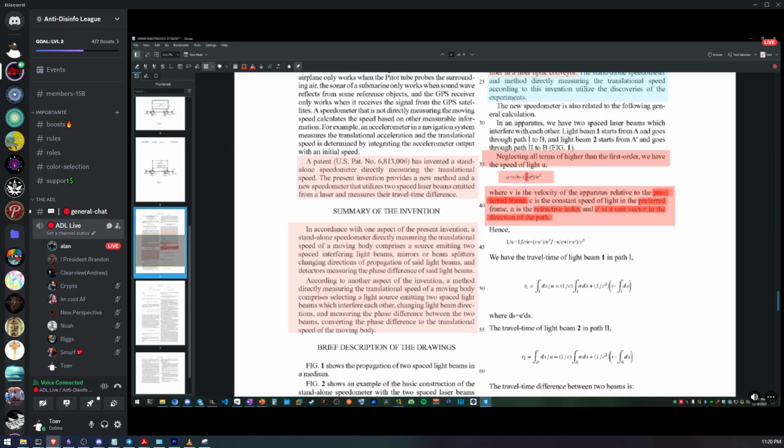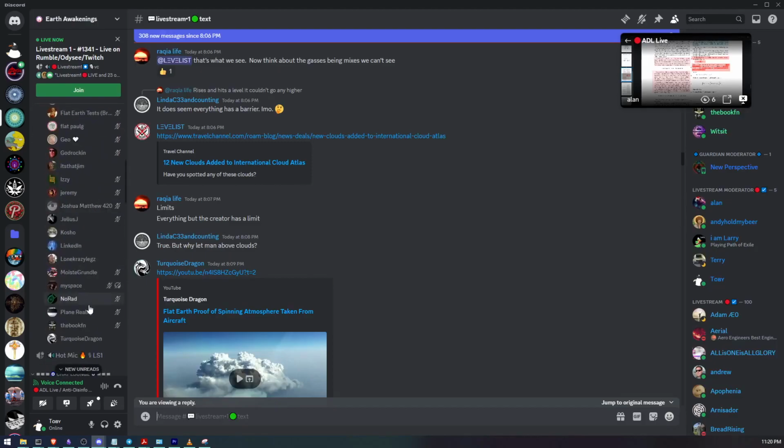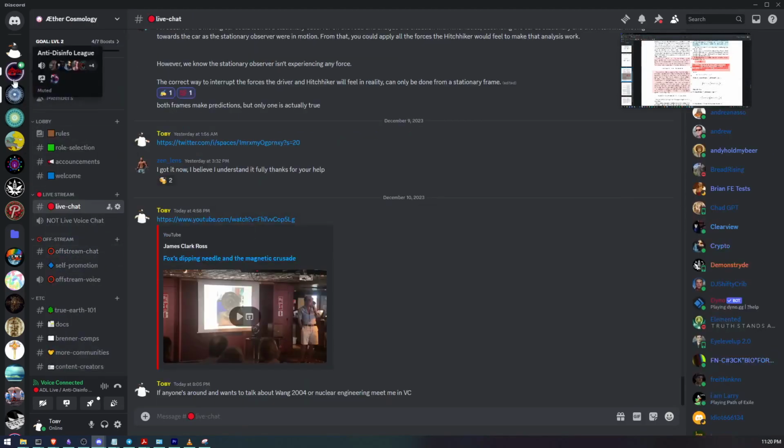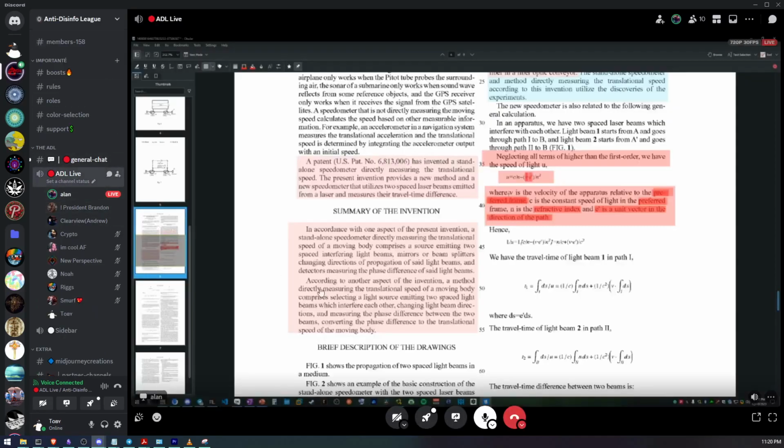Somehow the velocity relative to a preferred frame, which isn't named here, changes the speed, and the direction in which you are traveling changes the speed. All of these factors over the refractive index squared tells you what C is.